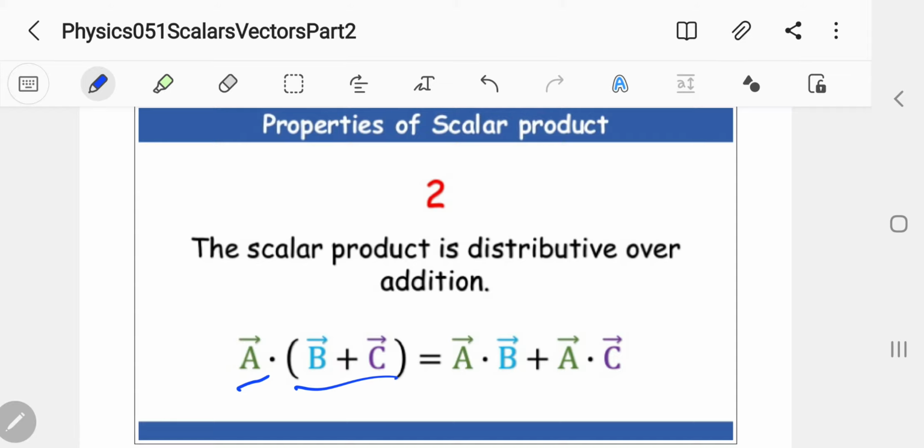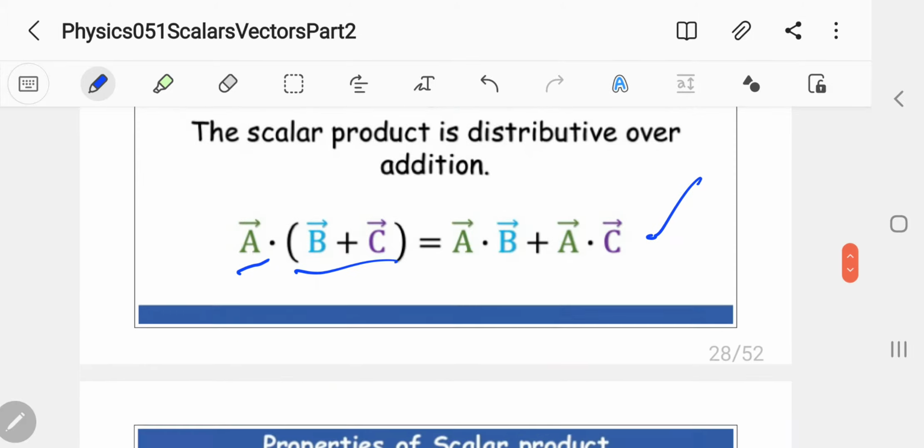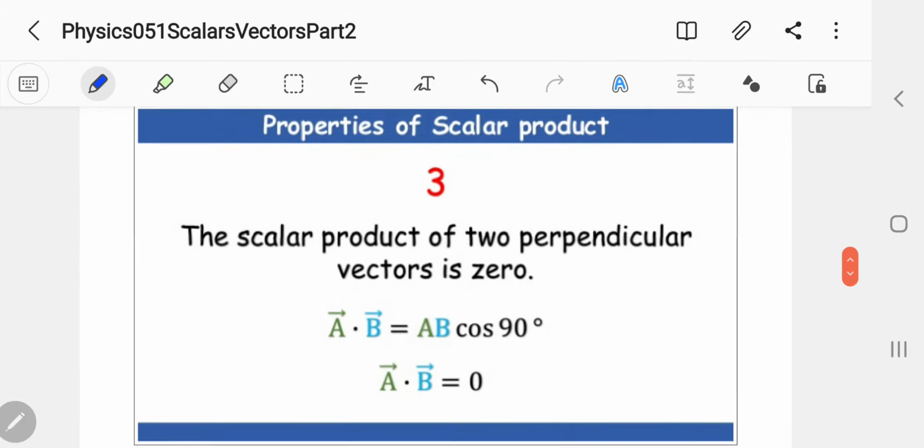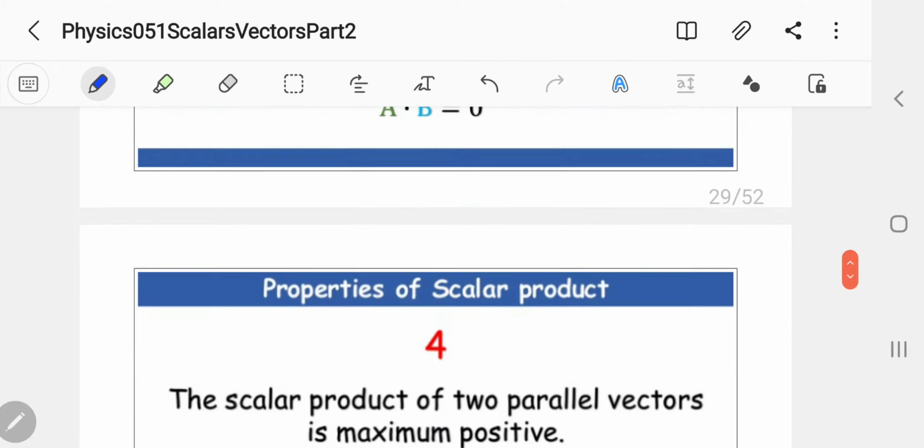Or you can say that the dot product to a sum is the sum of the dot products. And the scalar product of two perpendicular vectors is equal to 0 because cosine 90 is 0.